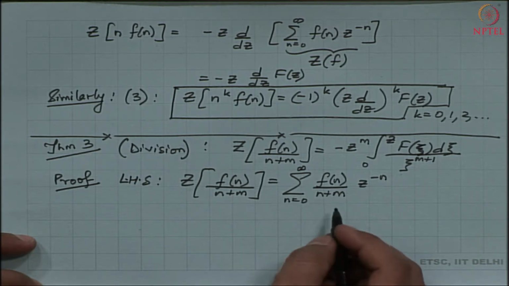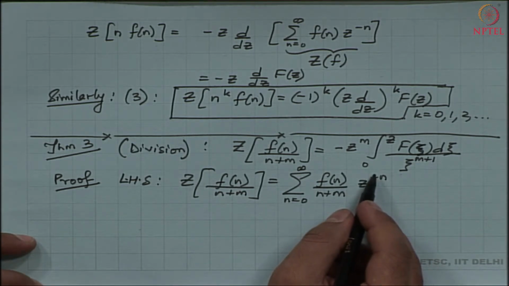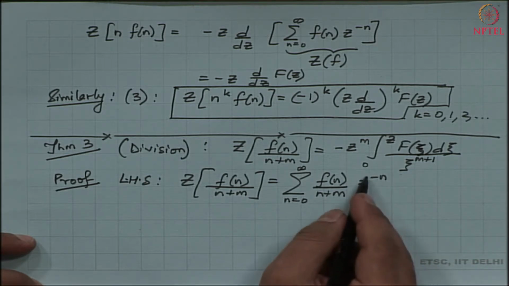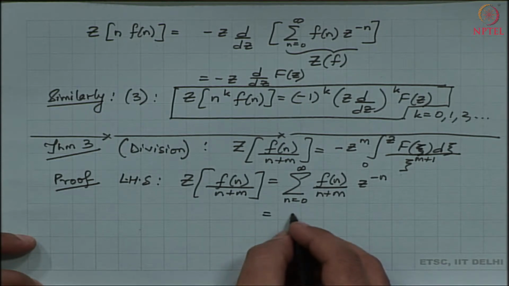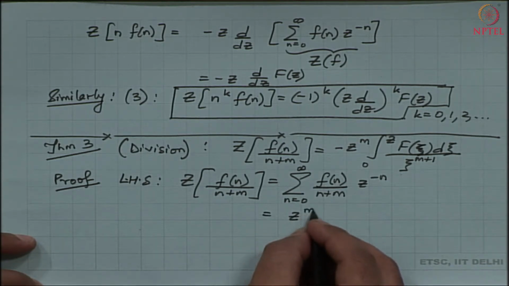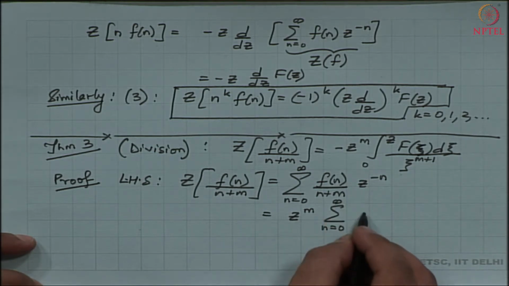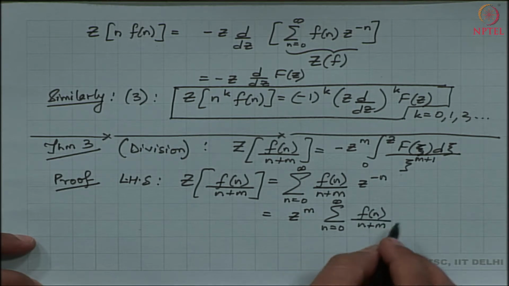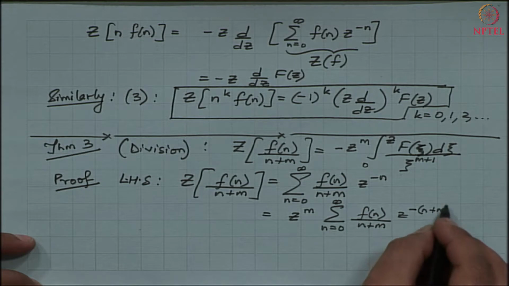I see that, let me just rewrite this expression. So, let us look at this particular expression. I am going to divide by z to the power m and I am going to multiply by z to the power m. So, what I am saying is the following. I get that this is also equal to z to the power m summation n from 0 to infinity f of n divided by n plus m times z to the power minus n plus m.